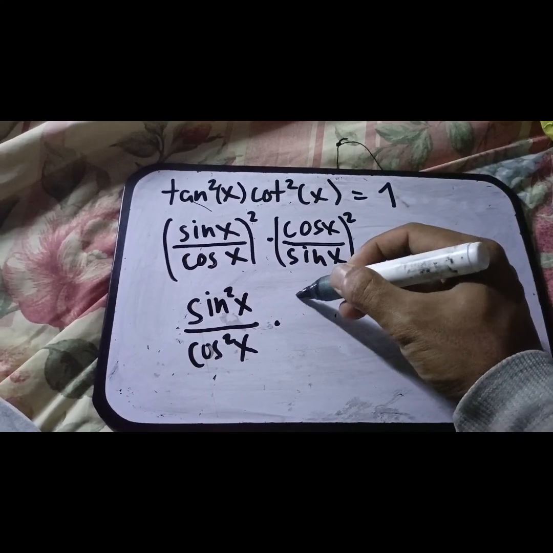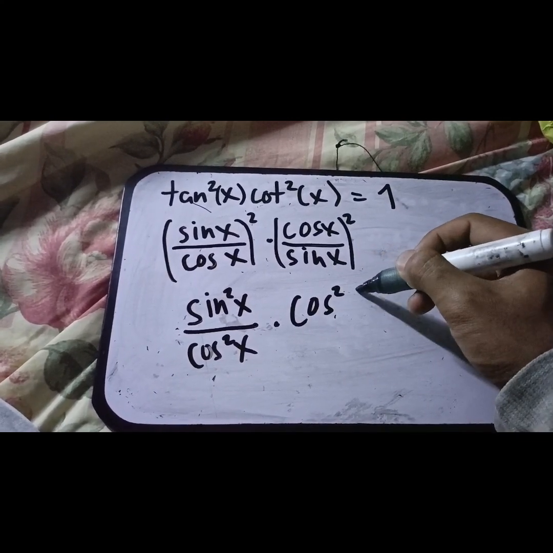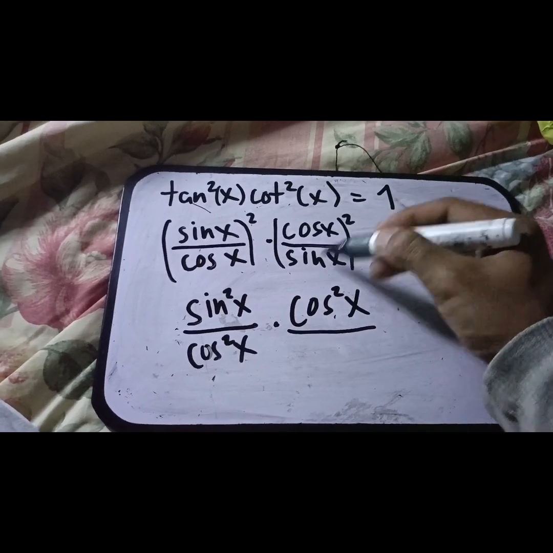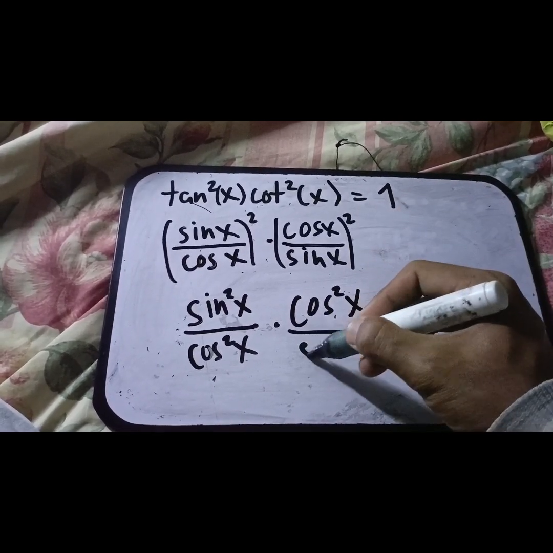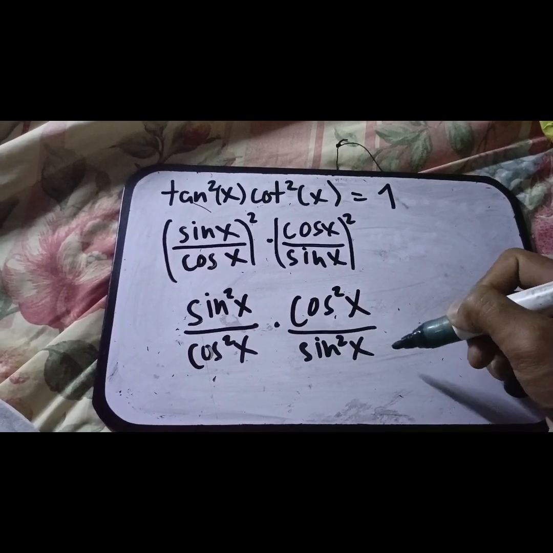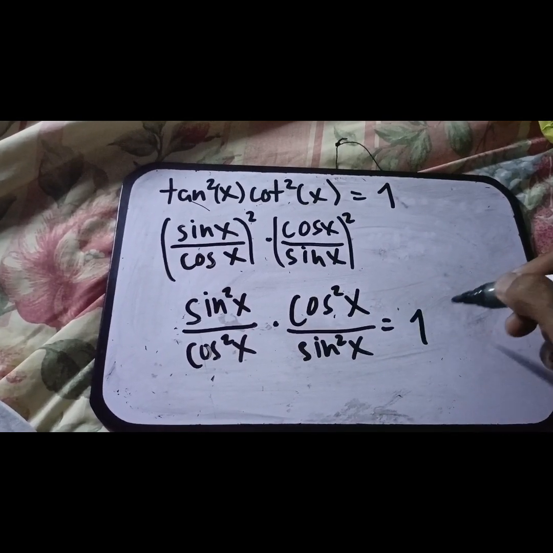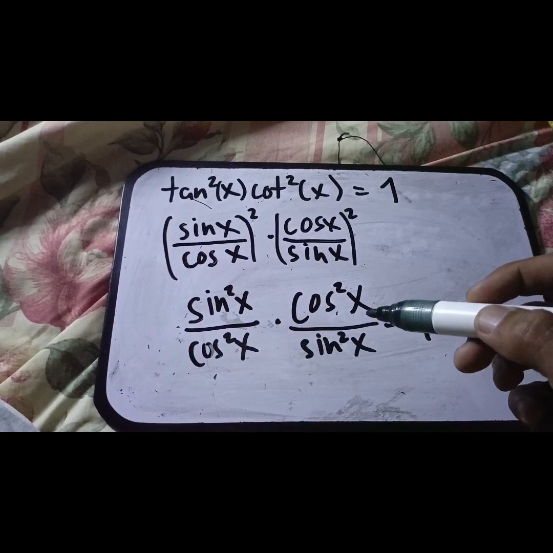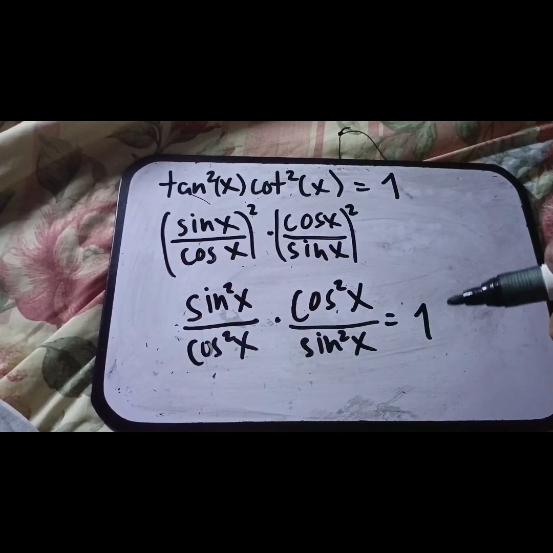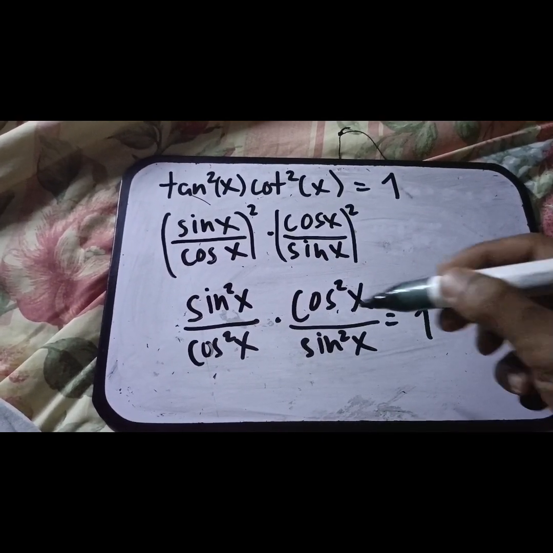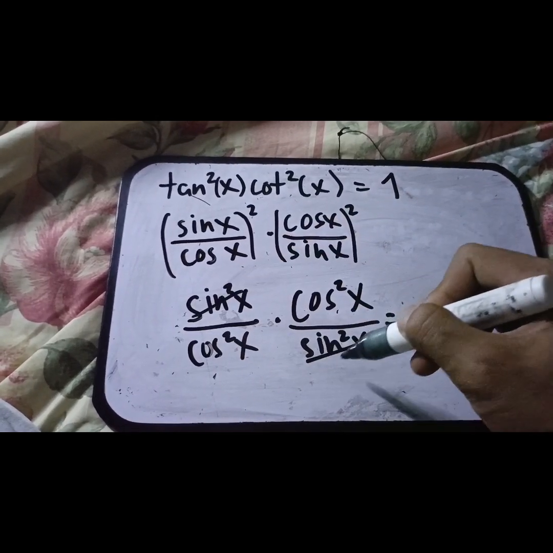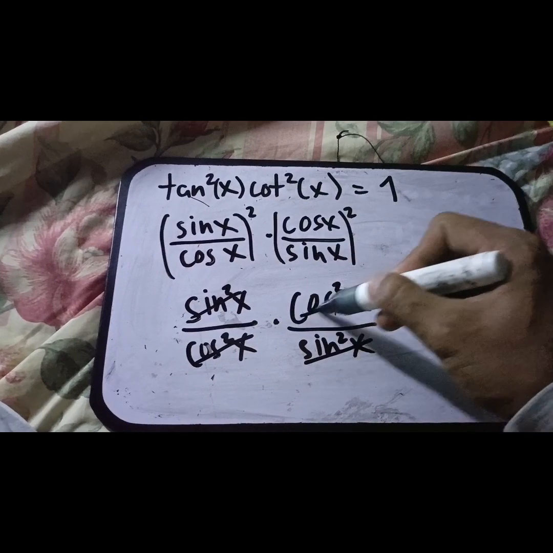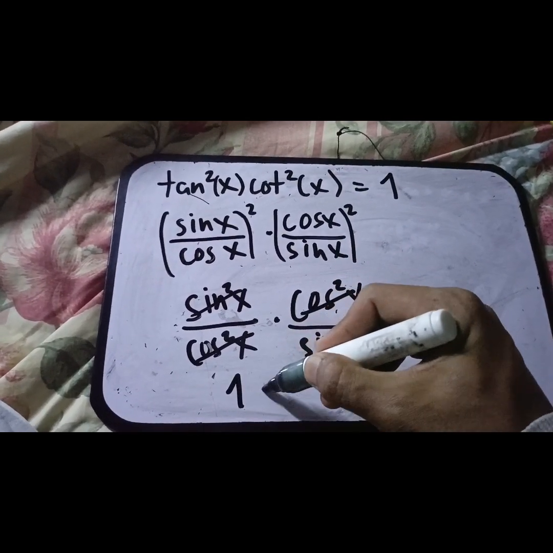Just square again, and it's going to be cosine squared x over sine squared x, equal to 1. Now we're going to cancel out the same quantities: sine squared cancels, cosine squared cancels.